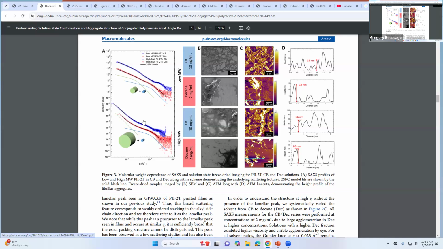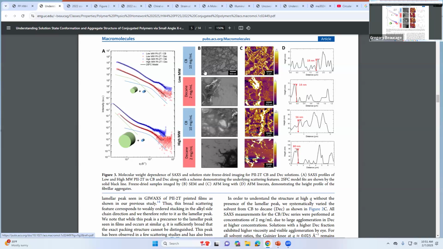So it's like A and B doesn't look like the same stuff, except they nitpick it and they say, oh yeah, well, there's a little hump here. It's a little lamellar peak still there. And this thing is kind of that, whatever that persistence length thing was. And then because we've gone to higher molecular weight, it forms larger struts. And there's this kind of AFM, SEM evidence for it. Like they're saying this thing's different than that thing. So I don't know.